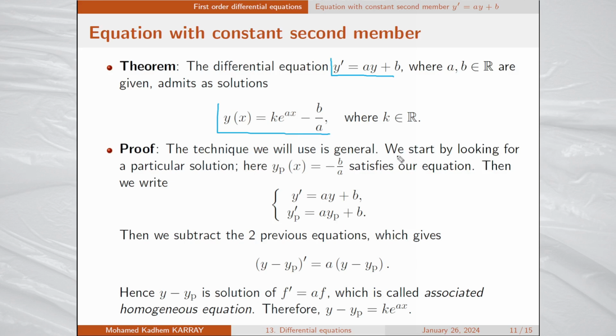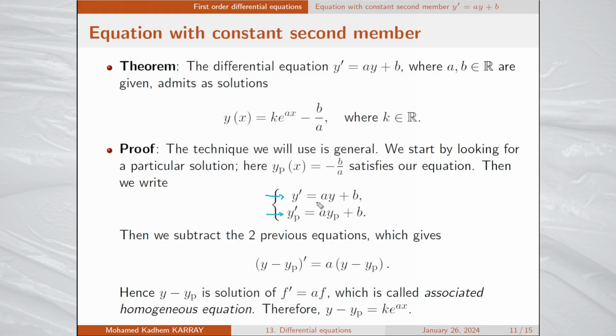Firstly, we start by looking for a particular solution. Here we take the particular solution yp equals minus b divided by a. So let's write that y satisfies our equation and also yp satisfies the equation.